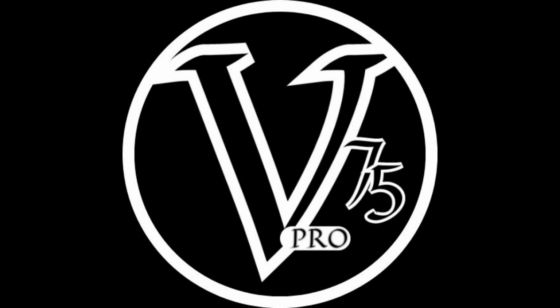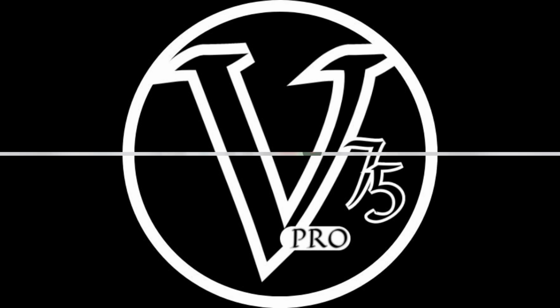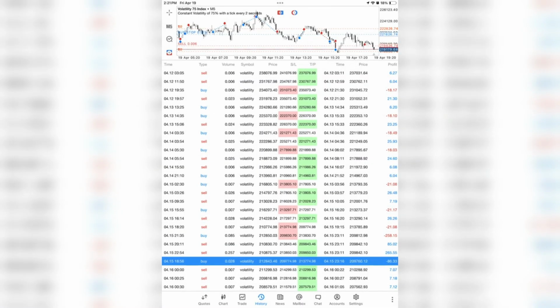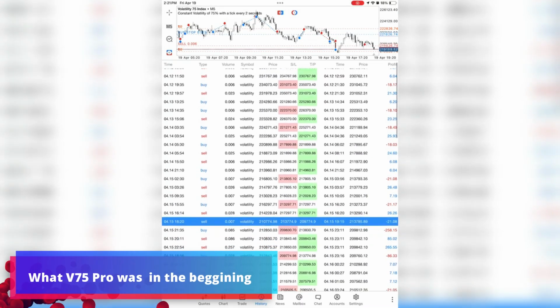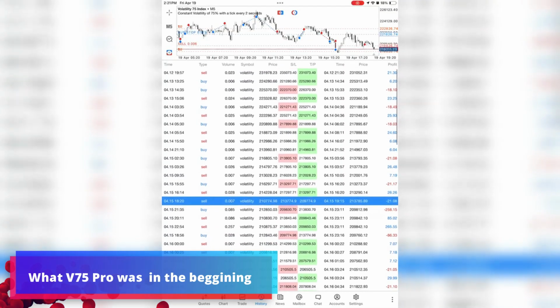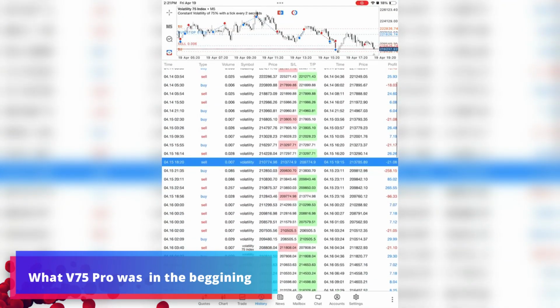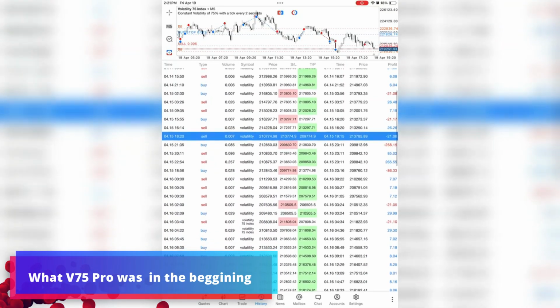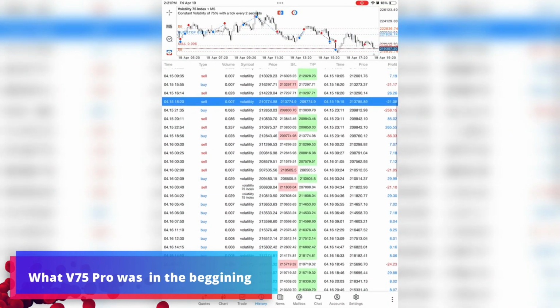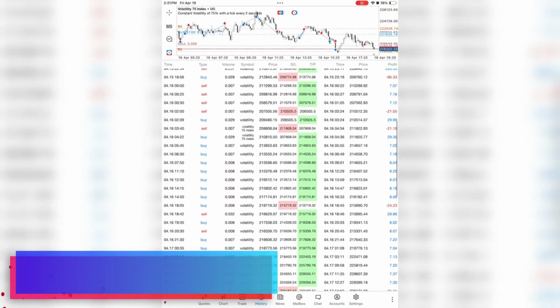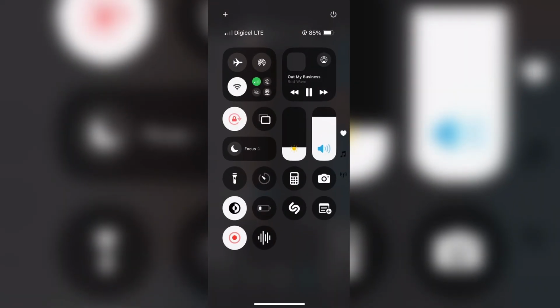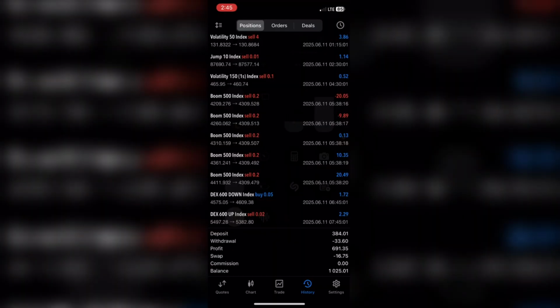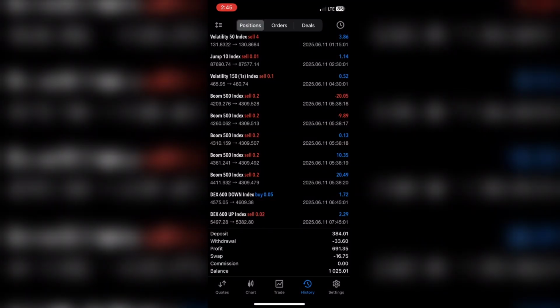The reason why I call it that is because in the beginning, I initially created this software to trade Volatility 75, hence where it got its name. However, after doing a few modifications and adding some extra filters and settings, the software evolved into a fully automated money printing machine that it is today. No joke.